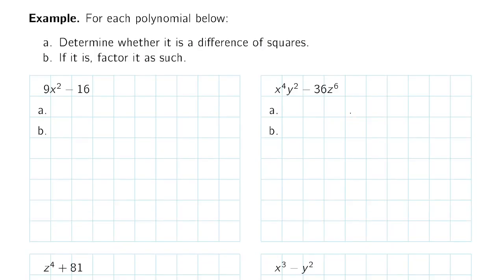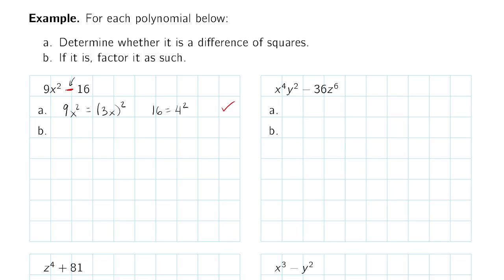In our first example, we have a 9x squared minus 16. So 9x squared, that's 3x all squared. Ignoring the sign for a minute, I have a 16, which is 4 squared. And then looking at the sign again, this is subtraction.